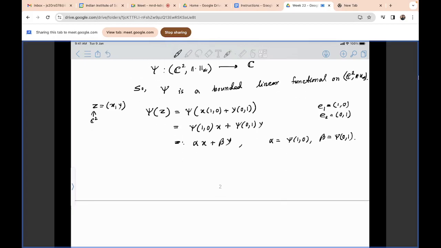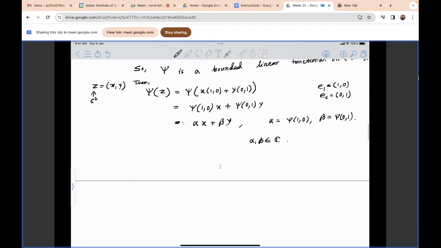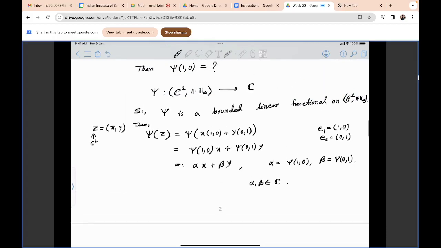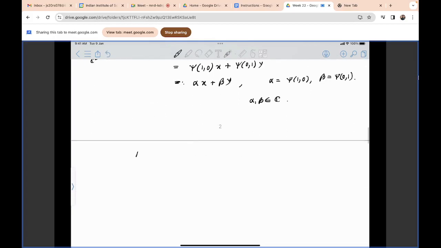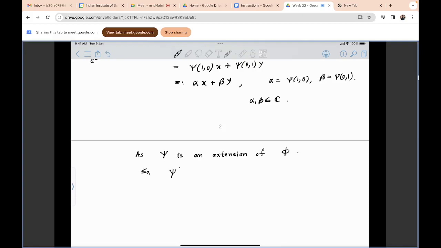So this is what the linear functional looks like: psi of z will be alpha x plus beta y, where alpha and beta are complex numbers. As psi is an extension of phi, if we restrict psi to Y, this should be equal to phi.